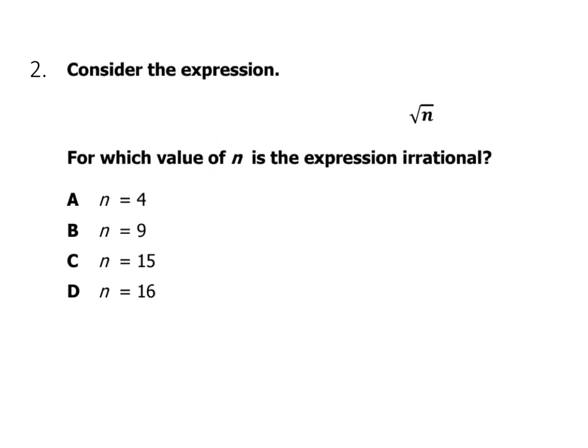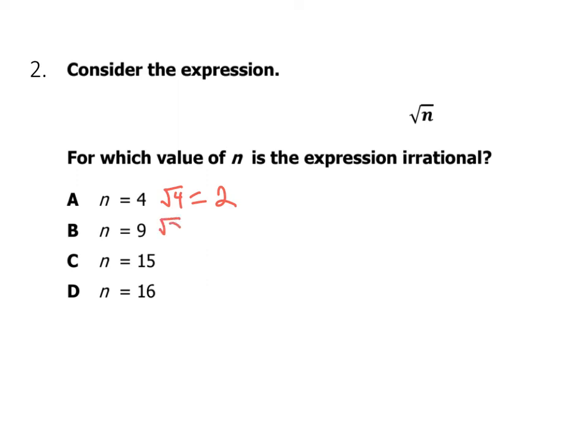Number 2, consider the expression square root of n. For which value of n is the expression irrational? Remember, when we are talking about irrational numbers when dealing with square roots, we want a non-perfect square. So if I take the square root of 4, that gives me 2. That is a perfect square, so that is rational.